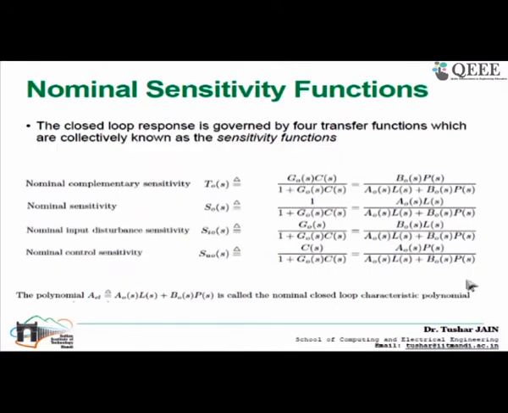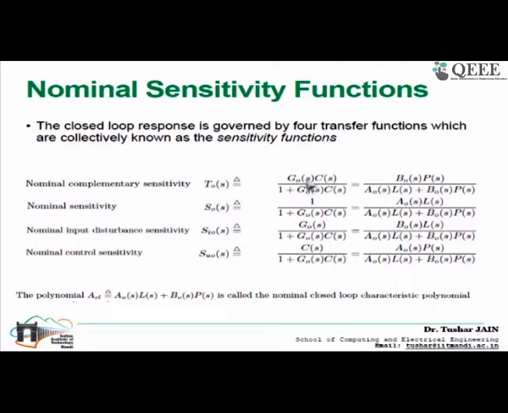Now this is what we call the gang of four, all the sensitivity functions which are necessary when you start doing your stability analysis. These are defined as the nominal complementary sensitivity, nominal sensitivity, nominal input disturbance sensitivity, and nominal control sensitivity. If you want to study the stability properties of the system, you need all these four transfer functions.